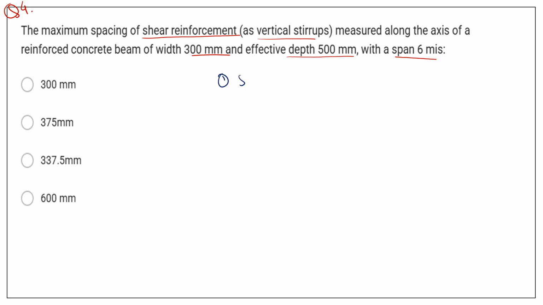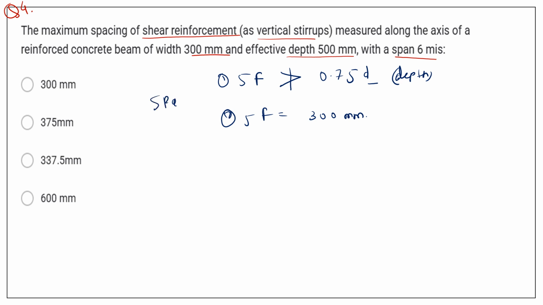First condition is the spacing should not be more than 0.75 d, where d is depth. And if this is more than 0.75 d, then take the spacing of shear reinforcement as 300 mm. This is all about the spacing of shear reinforcement.